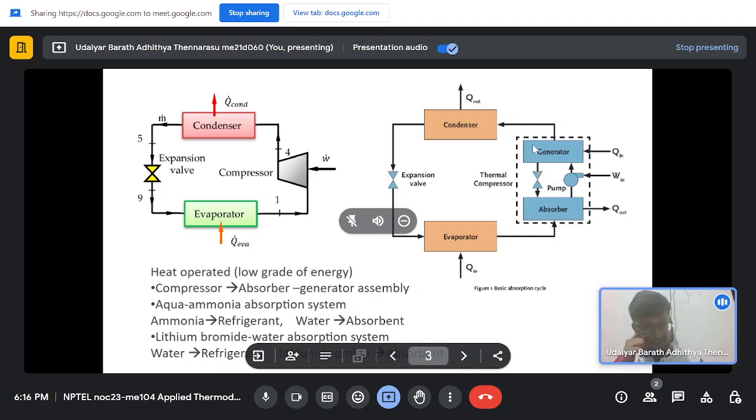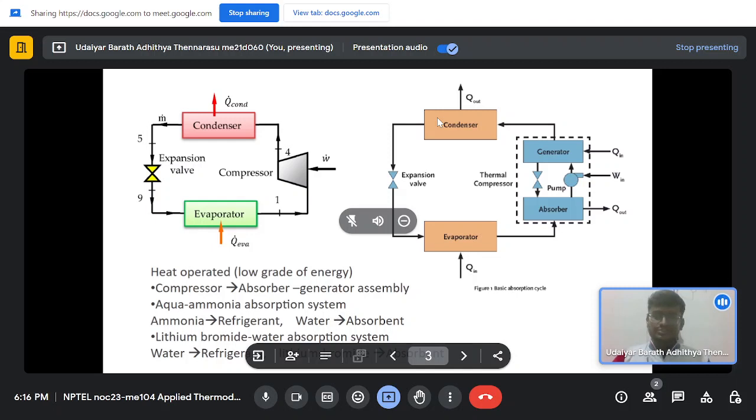So you bring the absorbent back through the expansion valve. This is the general idea of how the vapor absorption refrigeration system works. It is very useful when you have low grade heat available with you, so you are using just a small amount of work to run the pump.